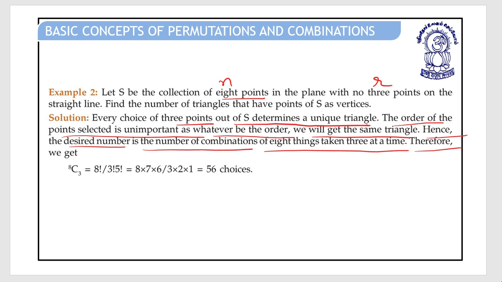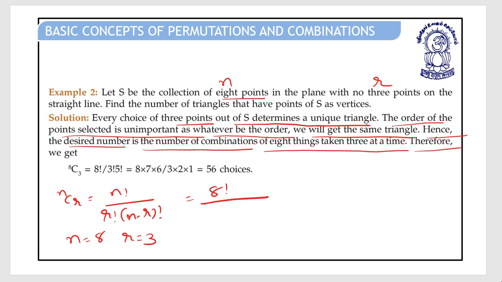Therefore, 8C3 is 8 factorial divided by 3 factorial into 8 minus 3 factorial, that is nCr, n factorial upon r factorial into n minus r factorial, with n equal to 8 and r equal to 3.